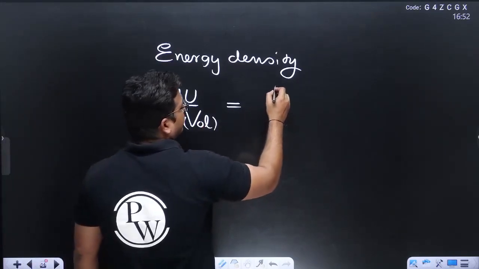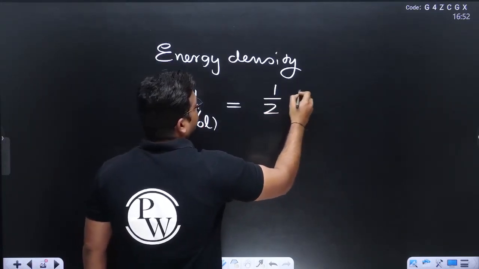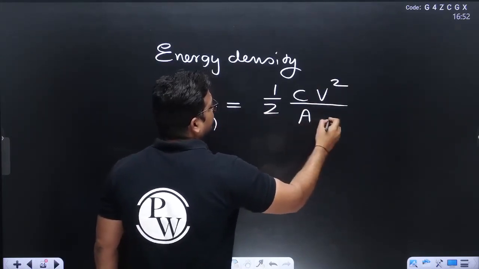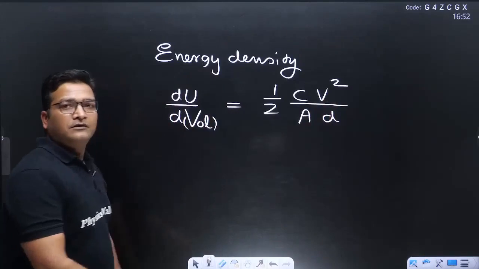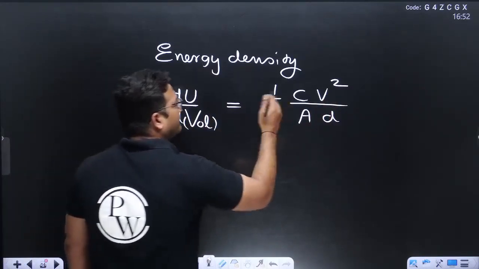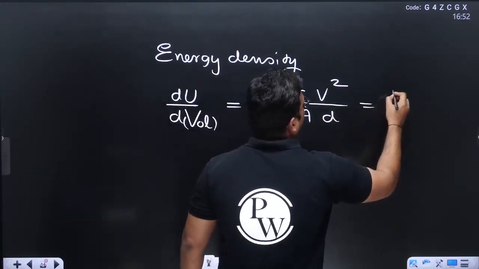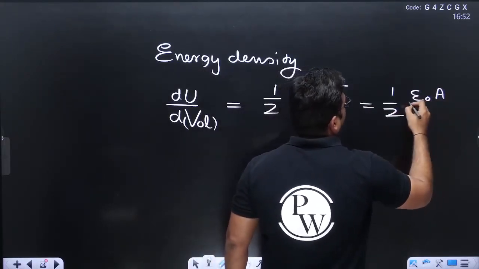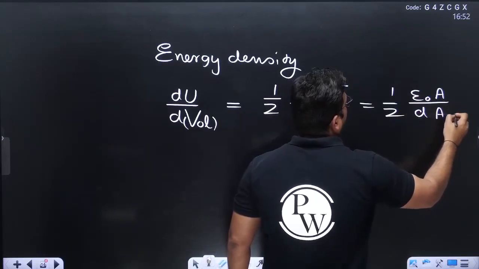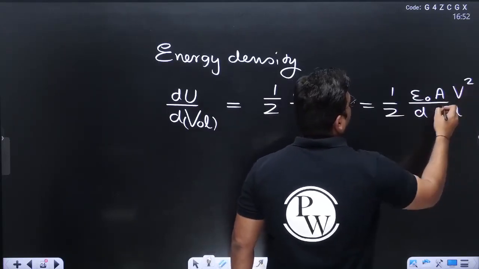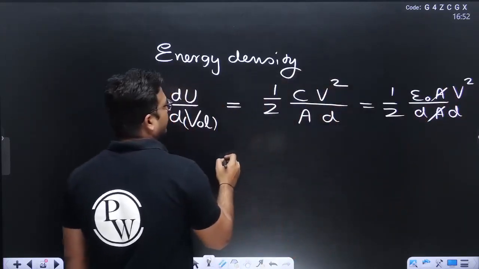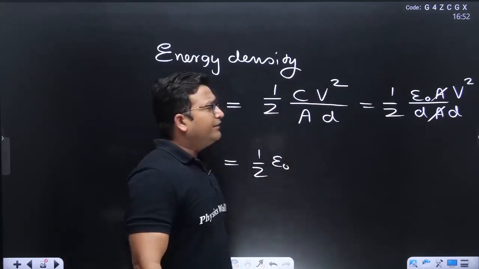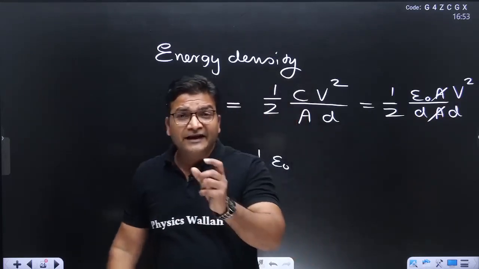So let's write energy stored as half C V square divided by volume as area times gap. Let me write the value of C. So we have half epsilon naught A by D, divided by A times D, and V square. You get A cancelled and the answer is half epsilon naught, and you know V by D is the electric field.